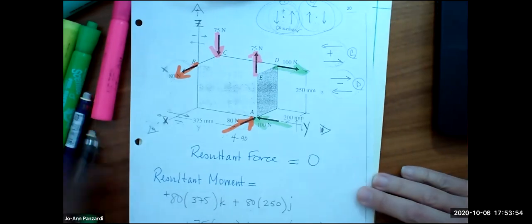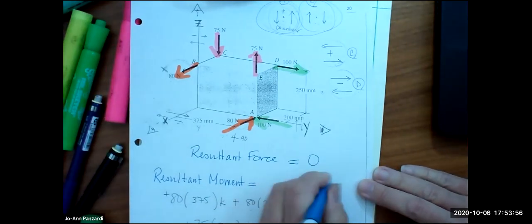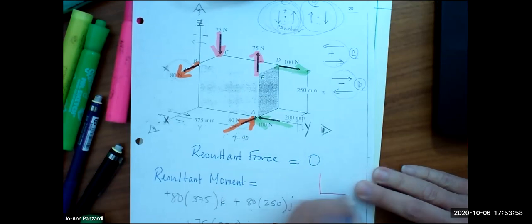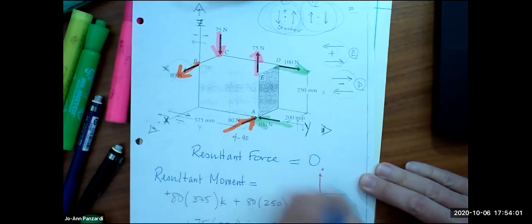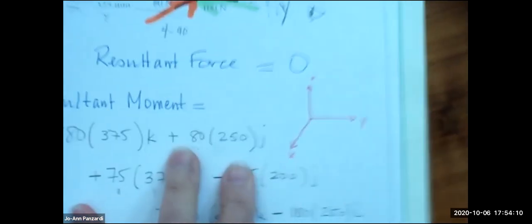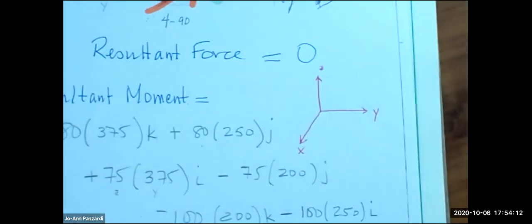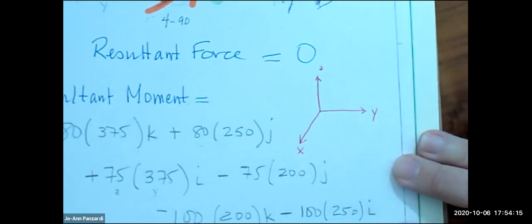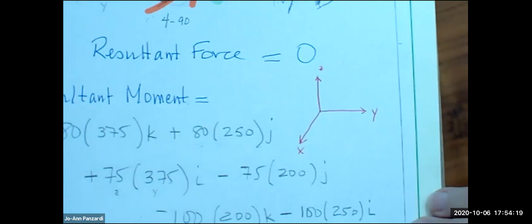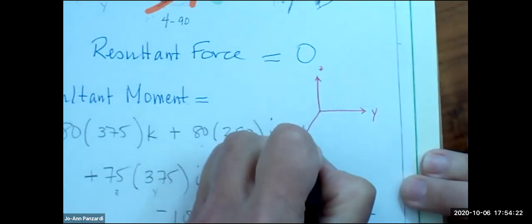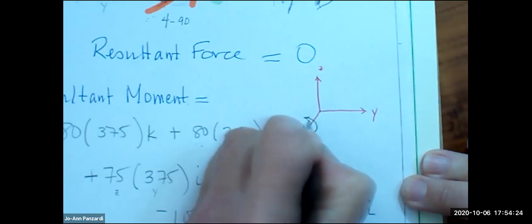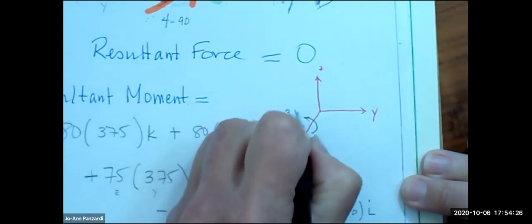And we could do that. Let's draw it. Here's my x-axis. This is Z, this is Y, and this is X. What is happening here? Well, we have a positive moment in the X, and it's 3.1 Newton meters.